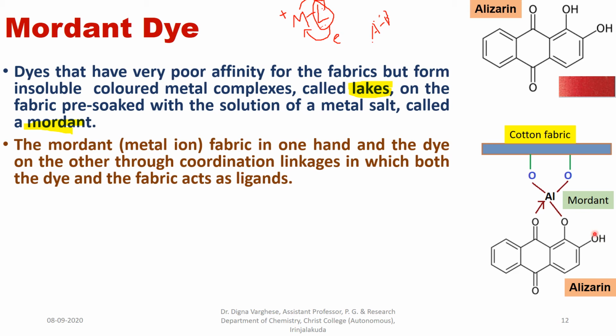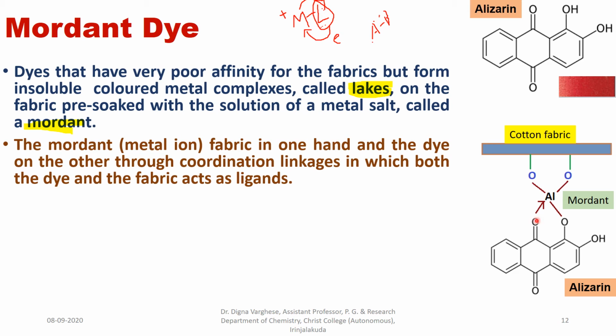Here we can see alizarin dye, an example of a mordant dye. Its color is red, but the color can change according to the metal that forms the complex. Here the aluminum metal is shown. The alizarin acts as a ligand, and the fabric also acts as a ligand.